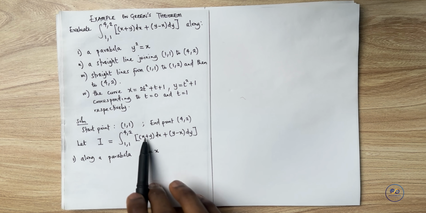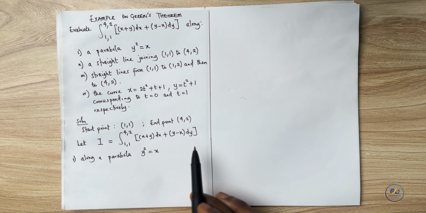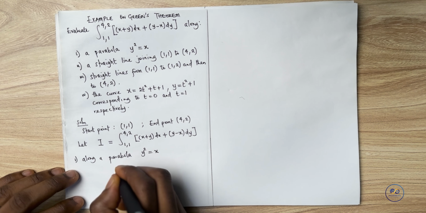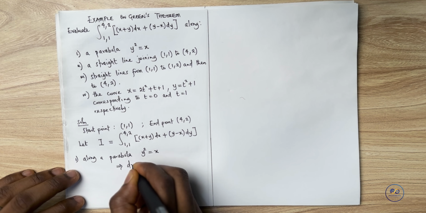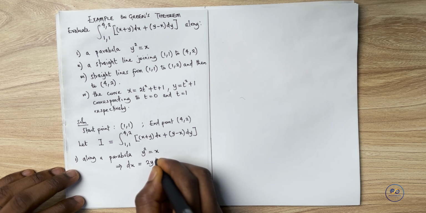Now, all of the variables will change to y, and by extension, you would also have to write the integral variable dx in terms of y as well. If y squared is equal to x, then differentiating both sides implicitly, you'd have dx to be 2y dy.